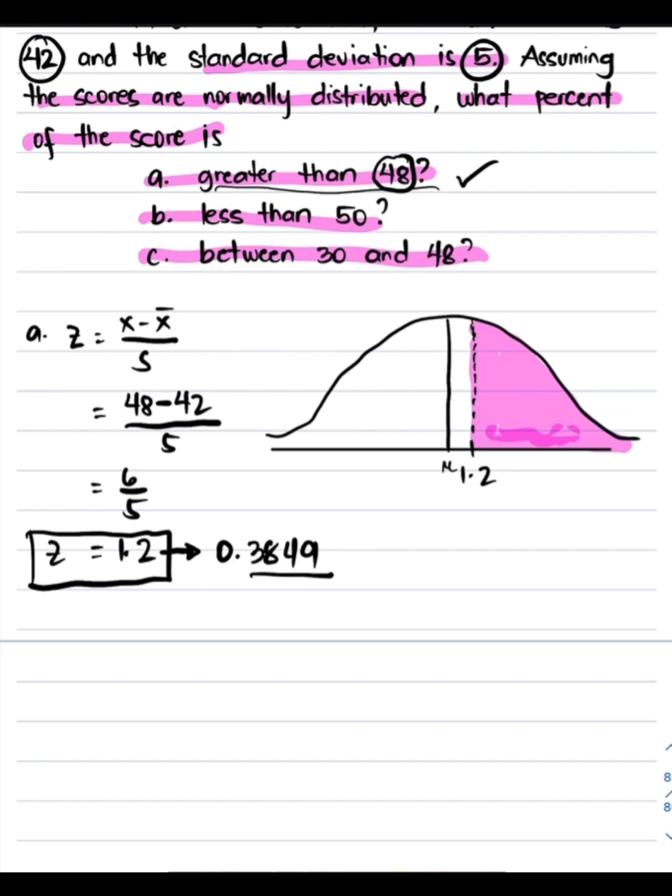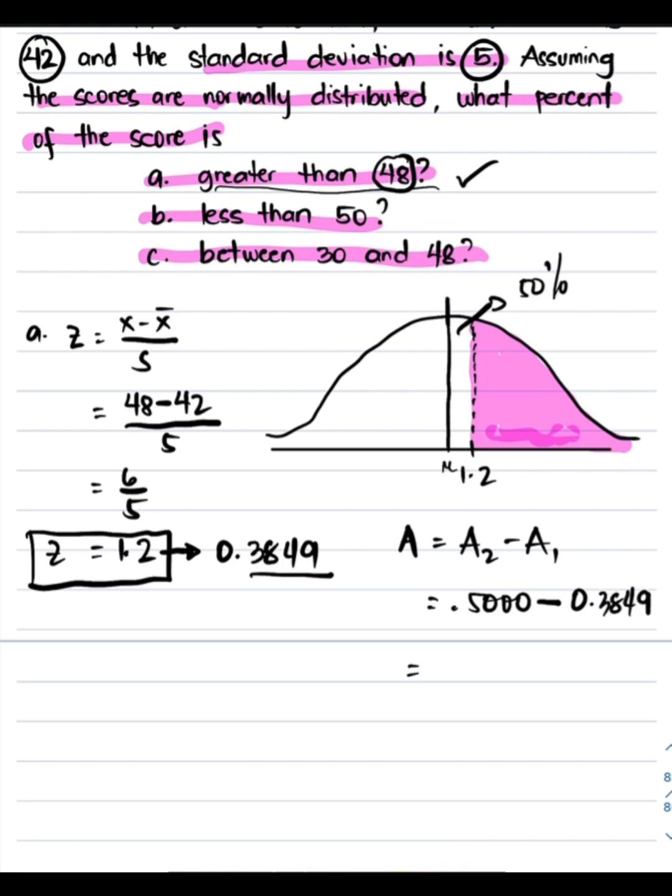So, let A be the area, equals area 2 minus area 1. So, what is area 2? Half of this curve is 50%. So, that is 0.500 less the area of 1.2, that is 0.3849.